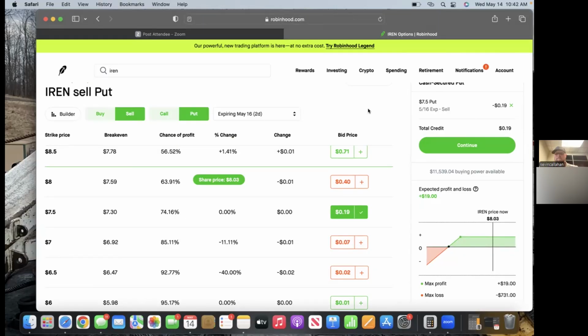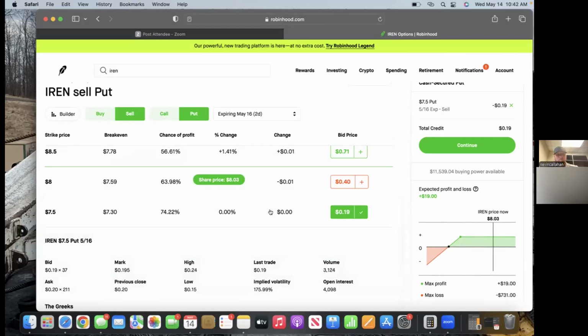And actually, this trade we did last week with other people, and the premiums were like 0.40, almost $40 per contract, because obviously we're doing it on Wednesday, where it's 0.19. Now, a $7.50 strike means that 100 shares is 750 bucks, right?